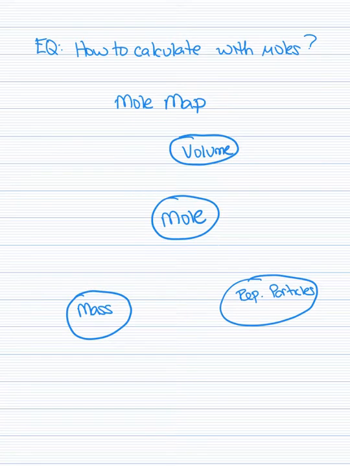Mass is measured in grams. And in order to get to mass or from mass to moles, you are going to use the molar mass. And the molar mass comes from the periodic table.